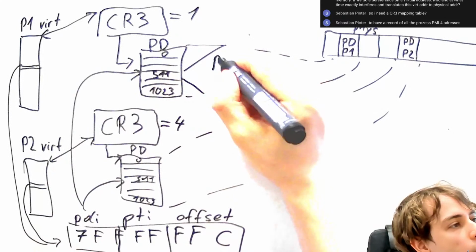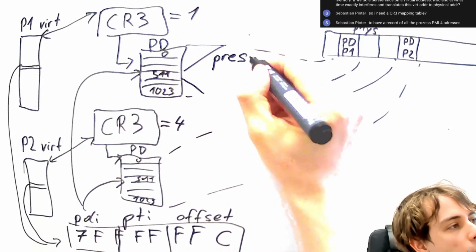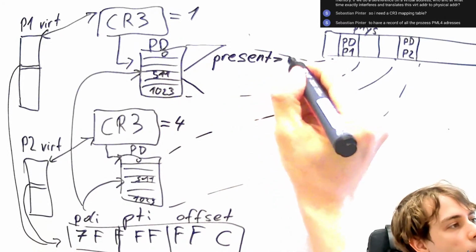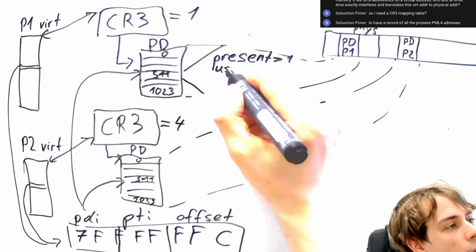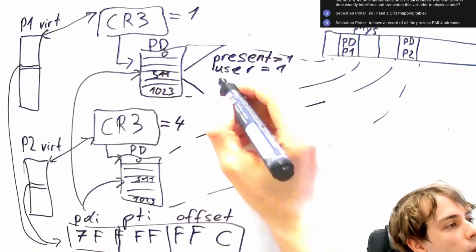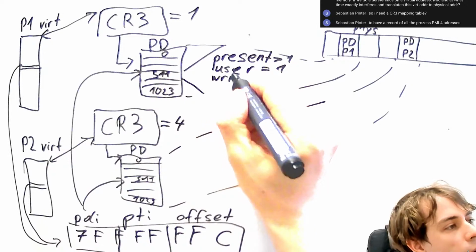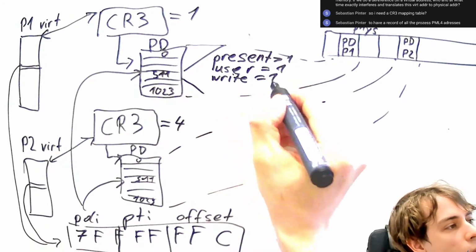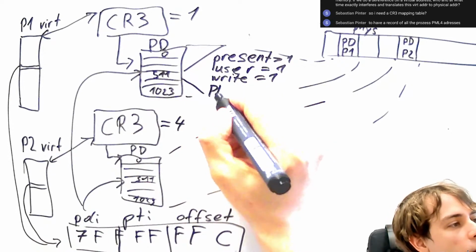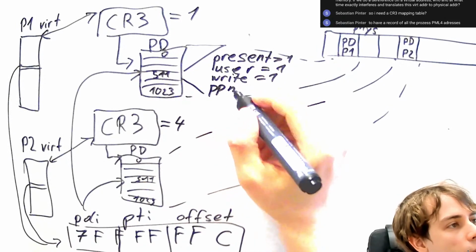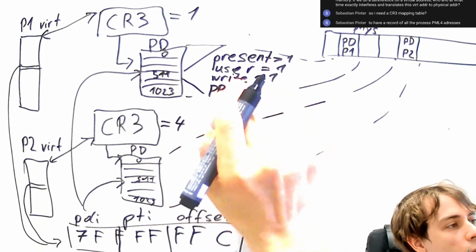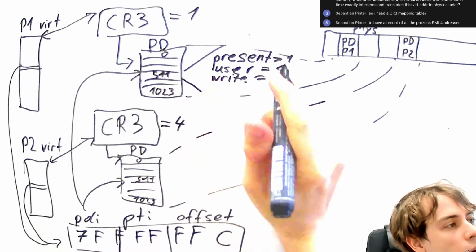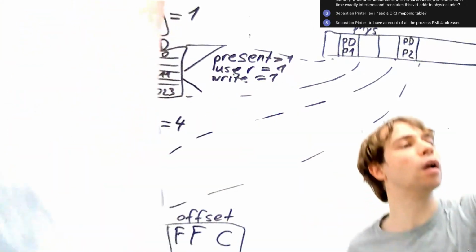So in this case, the present bit, maybe it's a present page, it's a stack page, so present is 1. It's a user page, sure, it's 1. It's writable, right, it's 1. And the physical page number of the page table, let's write that properly down here.